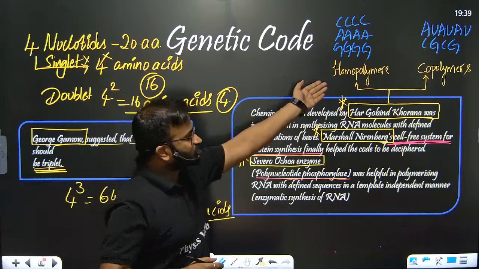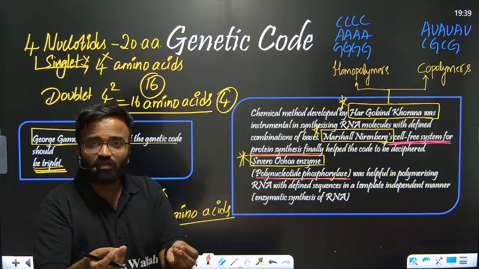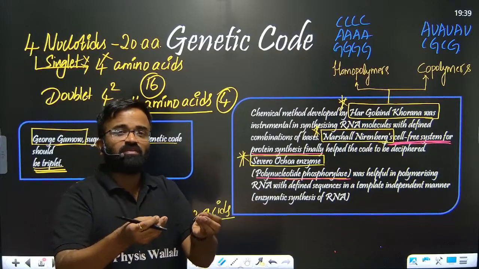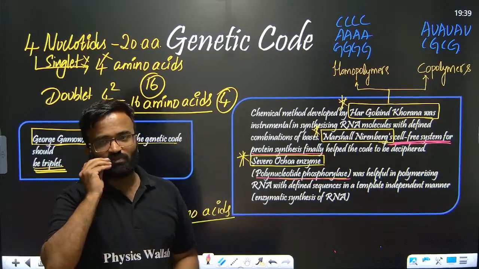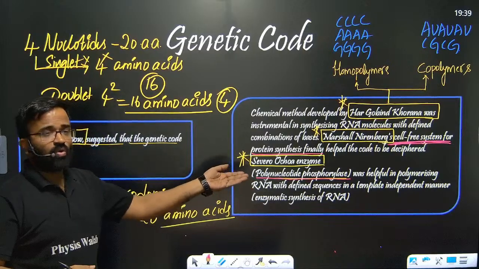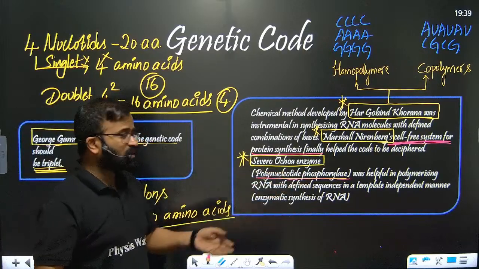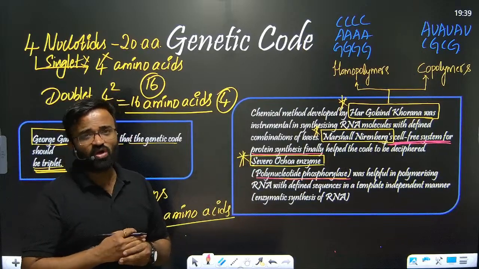So thanks to Har Gobind Khorana, he made a process to make artificial nucleotides in terms of homopolymers and copolymers. And then Severo Ochoa identified an enzyme called polynucleotide phosphorylase, or simply you can call it the Severo Ochoa enzyme.